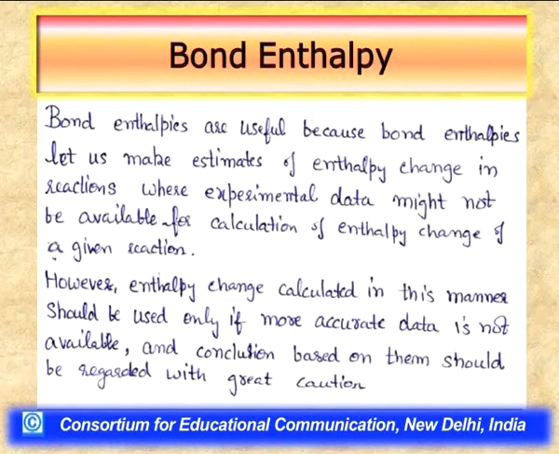Basically, the bond enthalpies are useful properties, in a way that they allow us to make estimates of approximate values of enthalpy change in reactions, where we cannot determine the enthalpy change using experimental data, or by manipulation of Hess law also. That means such experimental data is not available to us, using which we cannot determine the enthalpy change of a reaction.